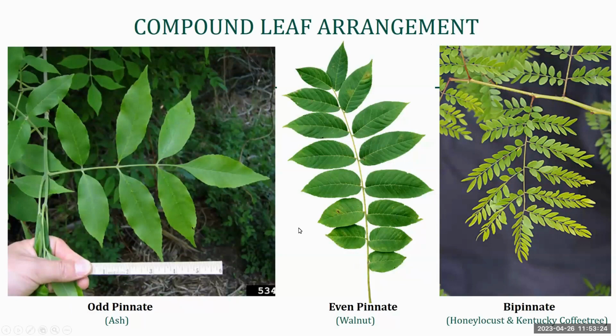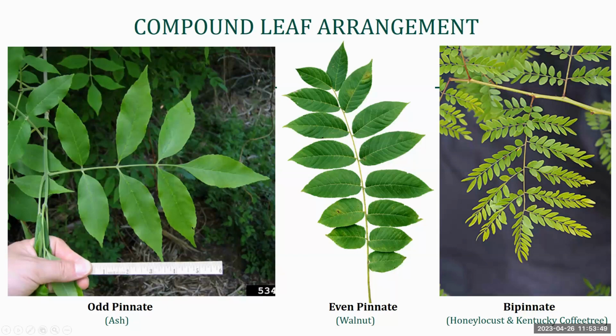When we are looking at our compound leaves, we have a few other descriptor words to help determine what type of tree that we have, what type of compound leaf. And so the first thing we're going to look at is what is called pinnate. It's a word that just means having leaflets arranged on either side of the stem, typically in pairs opposite each other. And so here on the left, I have what is called odd pinnate.